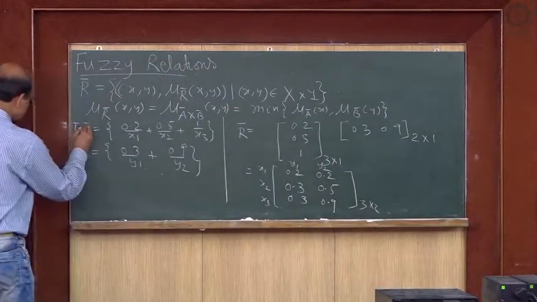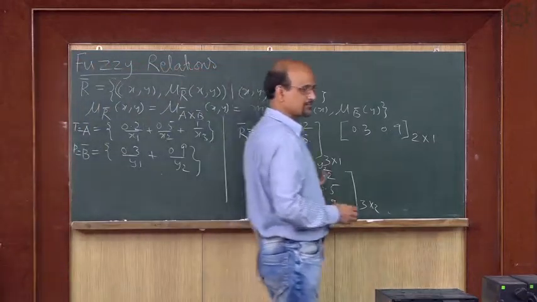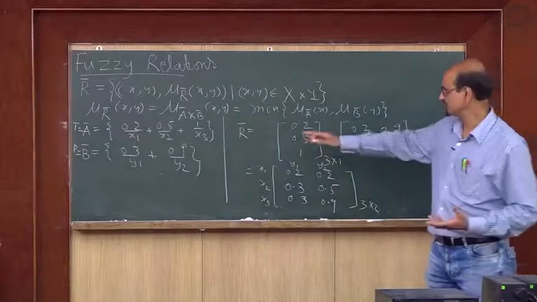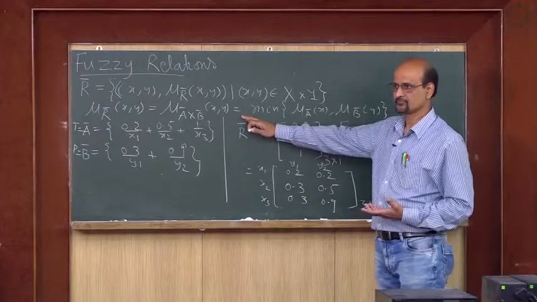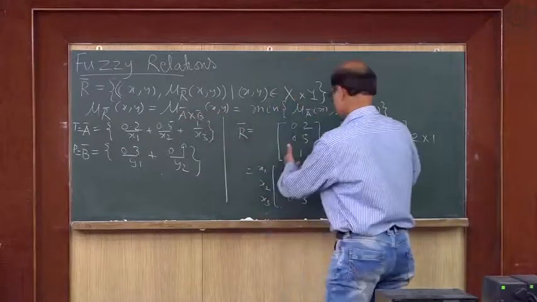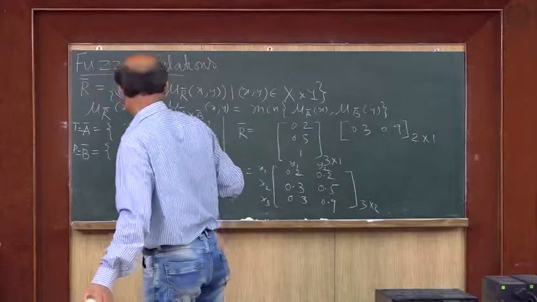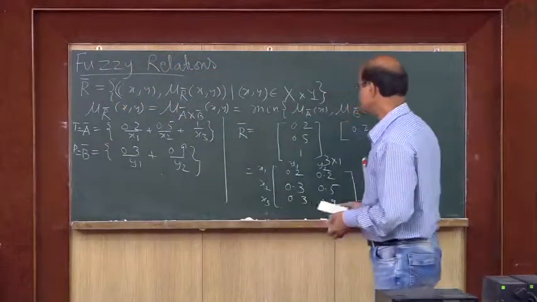We said yesterday this is your temperature, this is your pressure. So, the temperature pressure relation is this using this definition. Very simple, take the minimum values. We will take more examples afterwards, then it will be more clear.